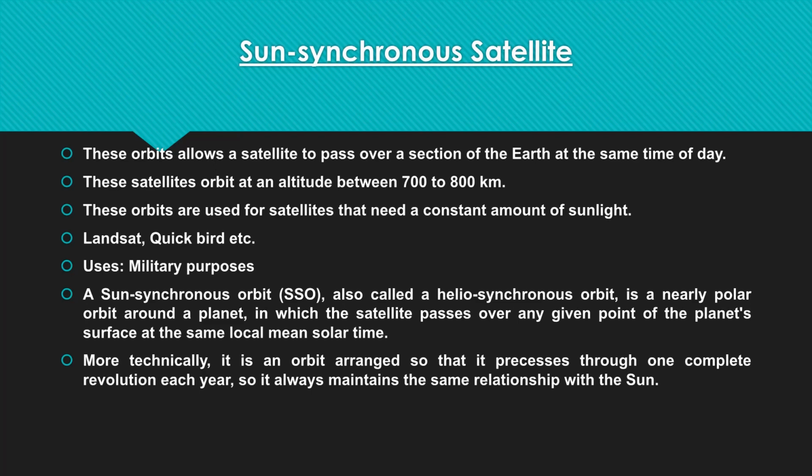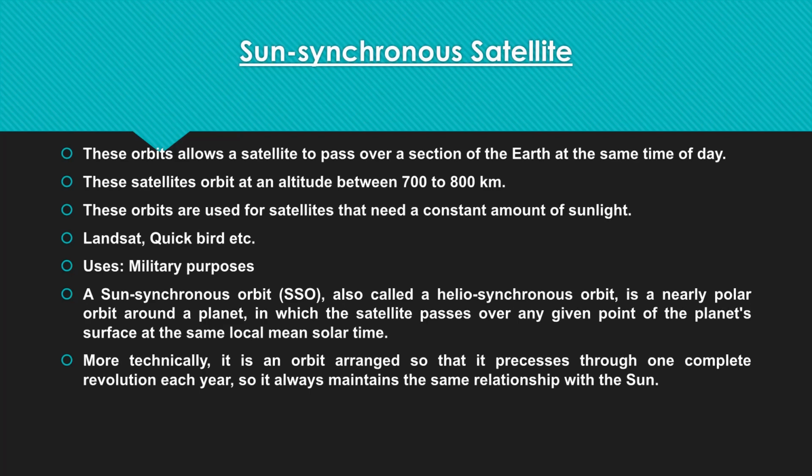These satellites are synchronized with the sun. The orbit of these satellites is around 700 to 800 kilometers, whereas we have seen the orbit of the geostationary satellite is around 36,000 kilometers. So sun synchronous satellites are at a much lower altitude than geostationary satellites.